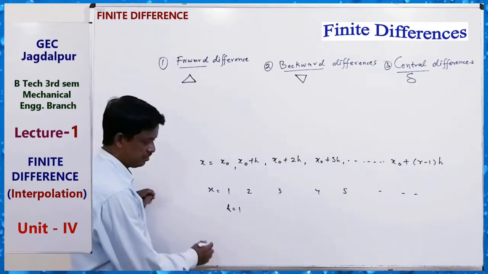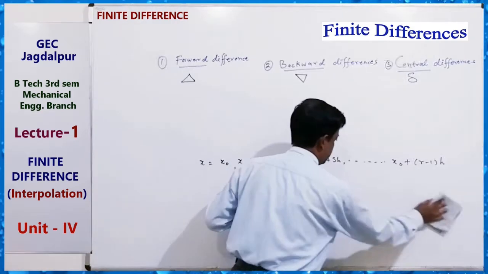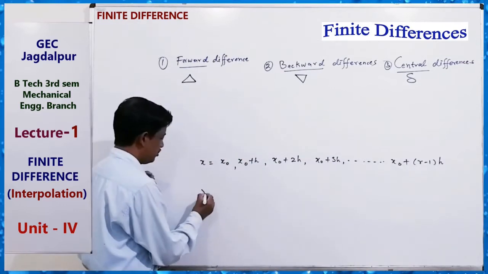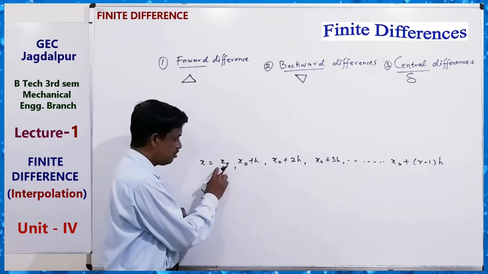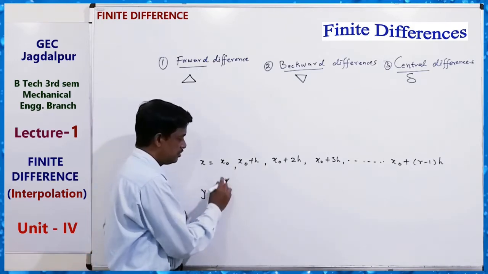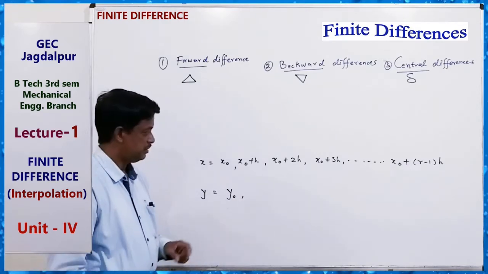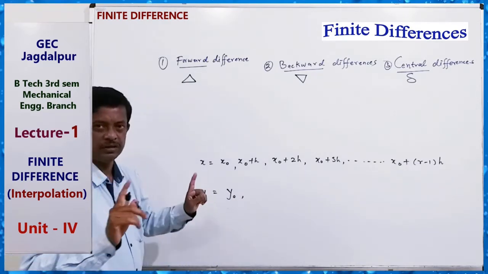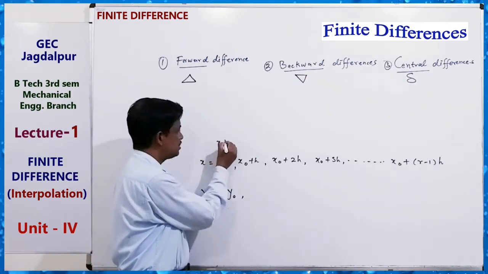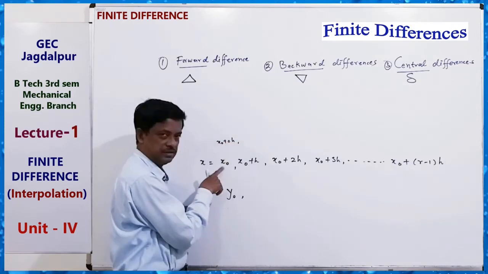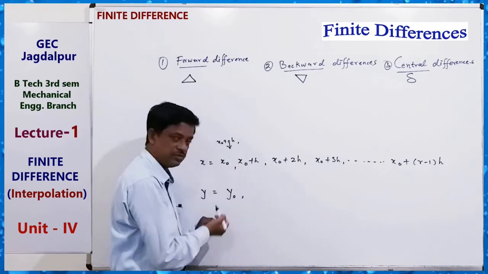The corresponding values of y are denoted like this: for x0, y0. The notation depends on this: x0 plus 0 into h, we can write like this. So this 0 is used for the notation y0.